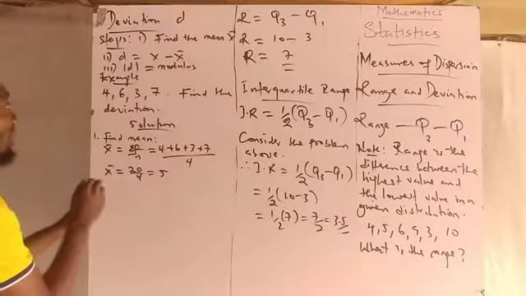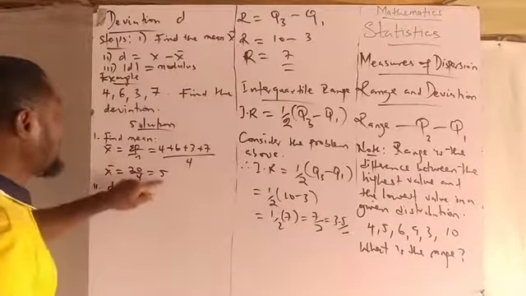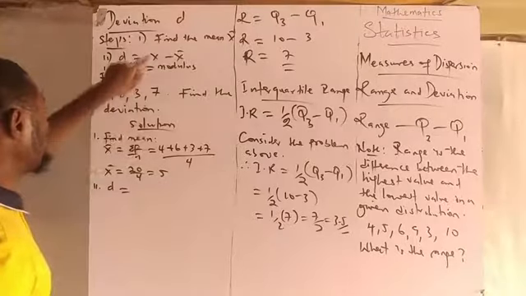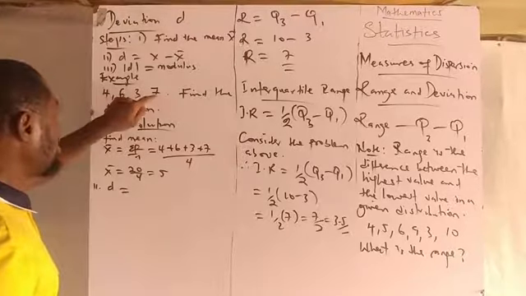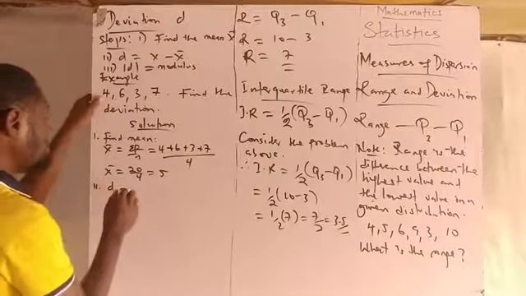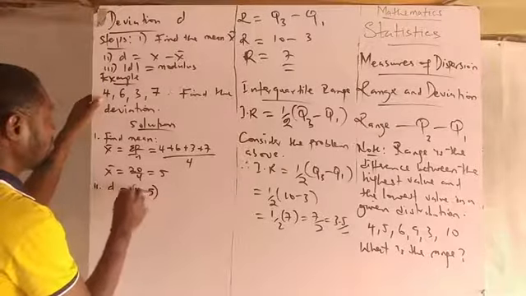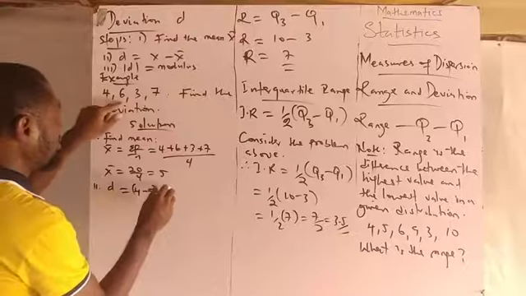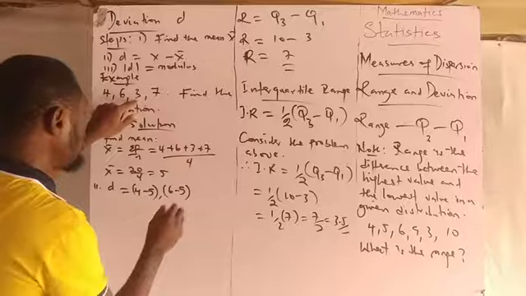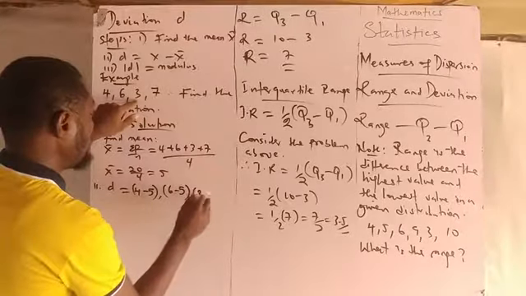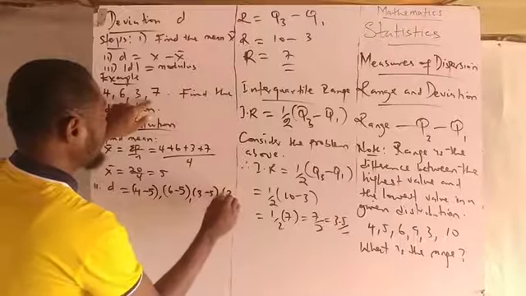Now step 2, I said get your deviation by simply subtracting the mean value from each of the scores or the data given to you. What was given to us was 4, 6, 3, 7. So our deviation will be, the first number will be 4 minus 5. Second number will be 6 minus 5. Third number will be 3 minus 5, and the last number will be 7 minus 5.